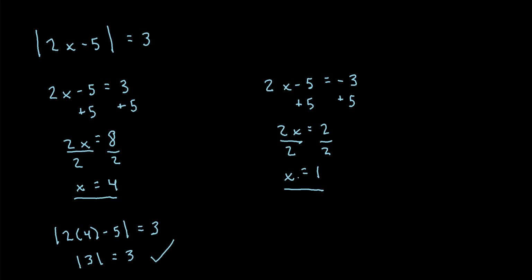Now let's try plugging in x is equal to 1. We would have 2 times 1 minus 5 is equal to 3. 2 times 1 is 2. Minus 5, that's a negative 3. So the absolute value of negative 3 is a positive 3. So that also checks out. All right, let's check out another example.